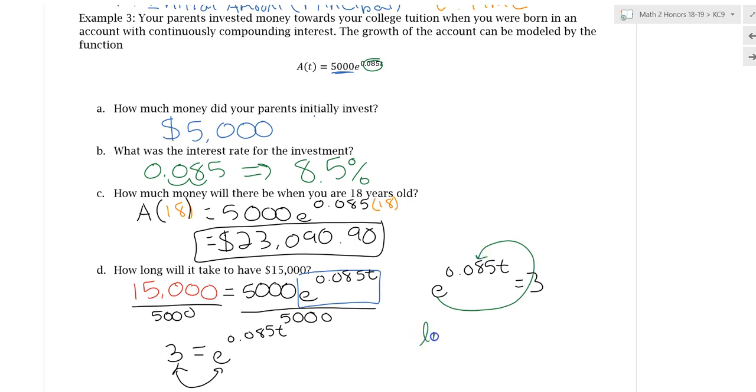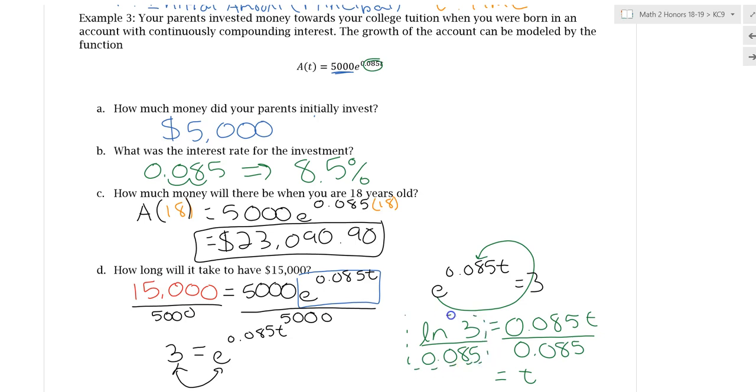So the natural log, because it's base e, of 3, still solving for t, so I'm going to divide by 0.085. And this is what I'm typing in my calculator, right?